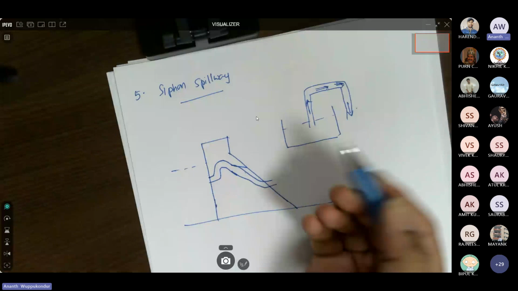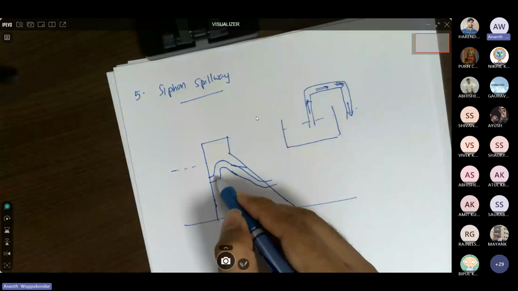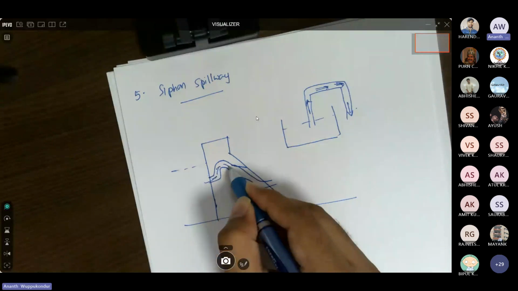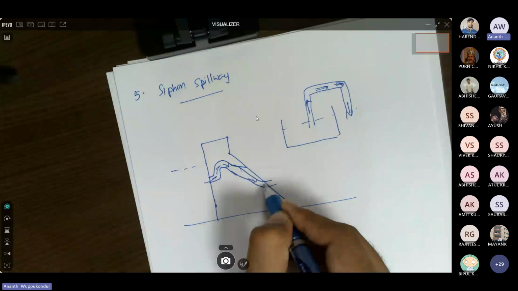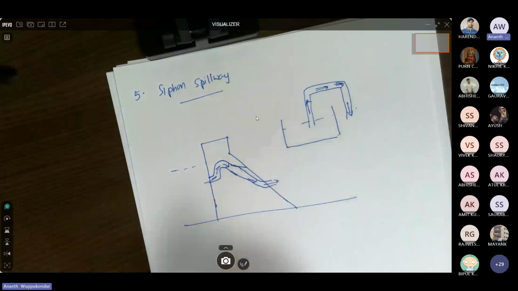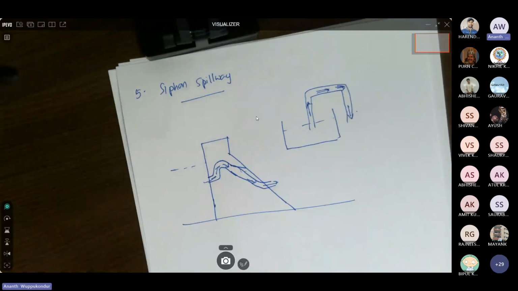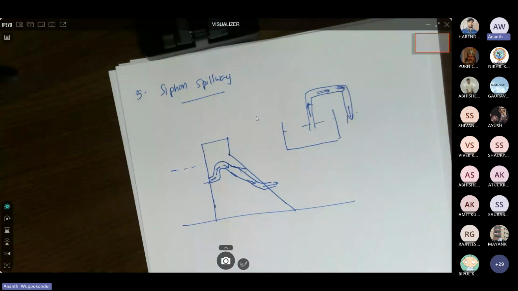Now once you, let's say, prime this spillway with water, then water will start flowing. So once we remove the air, or once we create a vacuum in the siphon, then the water from the upstream reservoir will start flowing to the downstream. So this is based on the siphon action. So these are the different types of spillways.